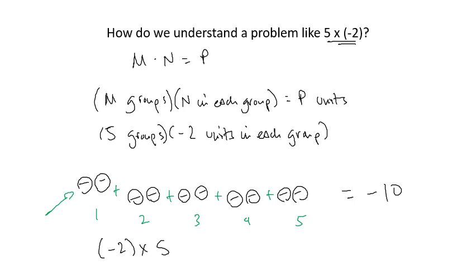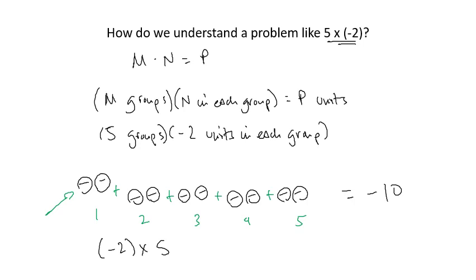So we can introduce the idea that for 5 times negative 2, I'm going to get a negative product. And so we can understand how a product can be negative. But the commutativity of this problem creates a little bit of an issue. I can understand what it works like in one direction, but maybe not so much in the other direction.